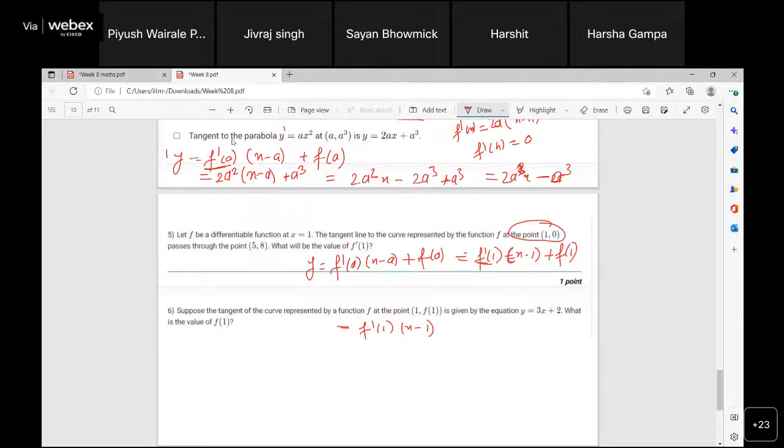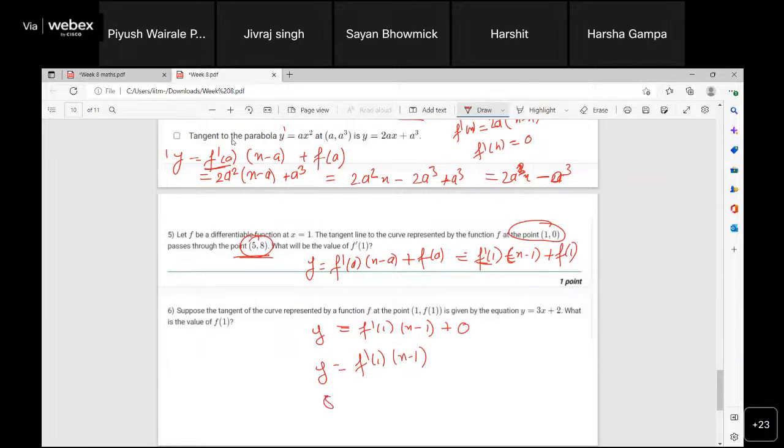So f of 1 will be 0, because the point is (1, 0), meaning at x equals 1, f of 1 is 0. This is basically my y. So we have f dash of 1 times (x minus 1). Now find the value of f dash of 1. We have been given the point: it passes through (5, 8).